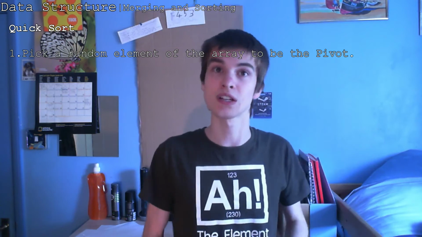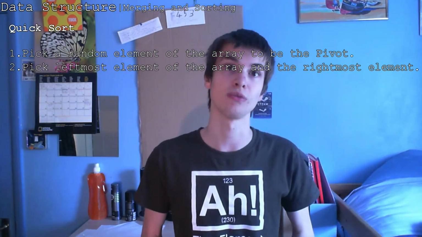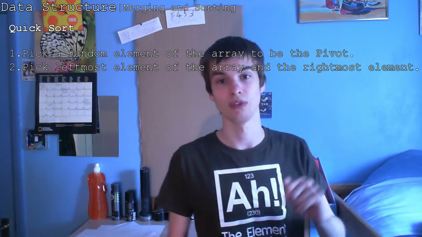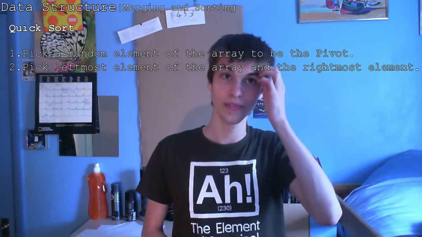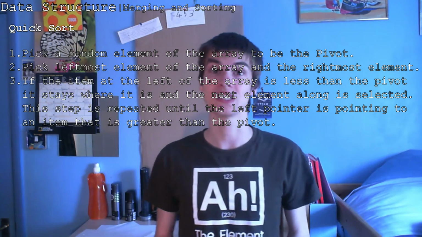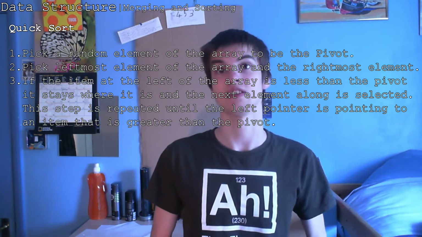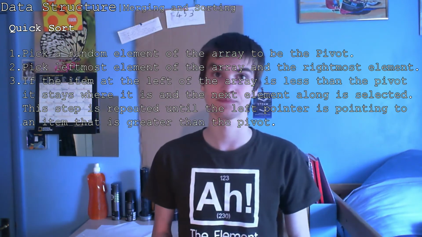It picks a random element of the array to be the pivot. An array can just be the list as well. It picks the leftmost element of the array and the rightmost element, so the far left, then far right. If the item at the left of the array is less than the pivot, it stays where it is, and the next element along is selected.